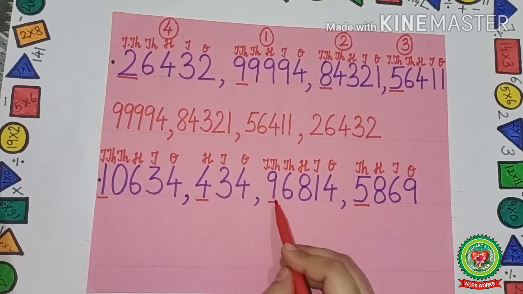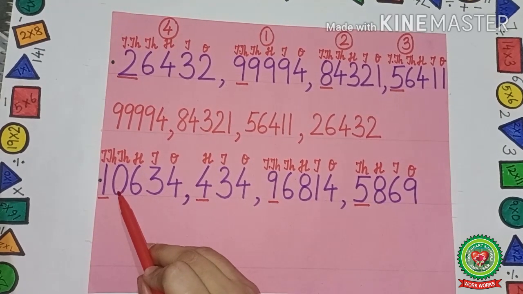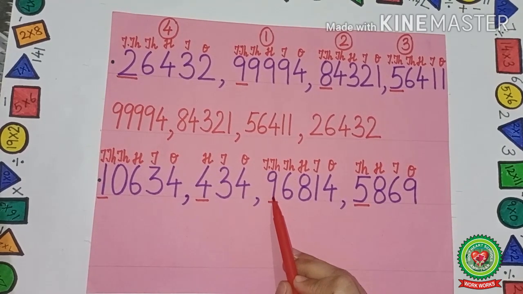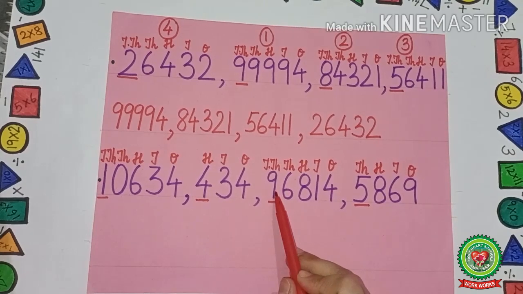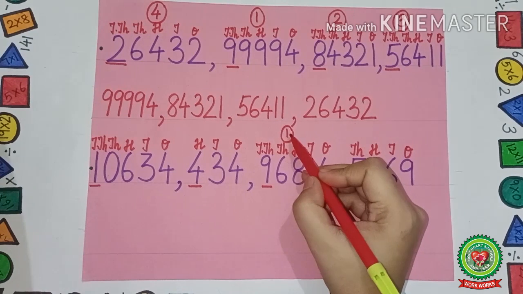Now we have underlined the first digit. Now let us see. Now between these two numbers, 1 and 9, which is the greatest? 9 is the greatest. That means this will be the one first in the order.